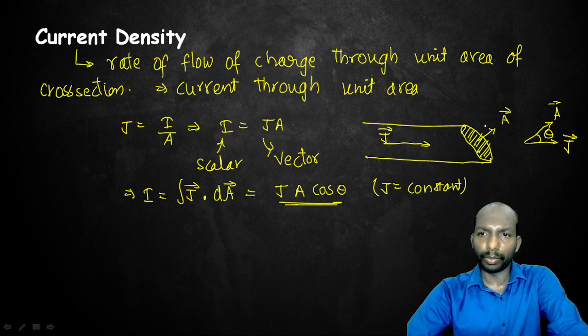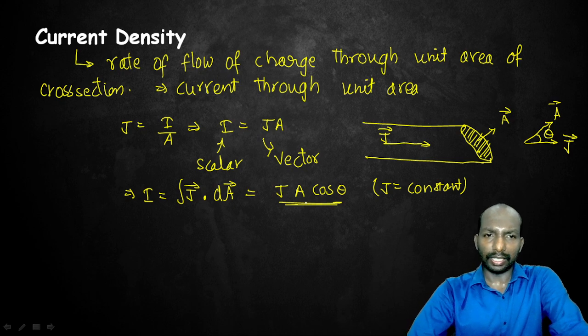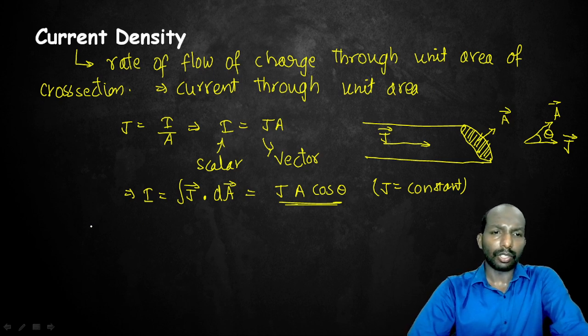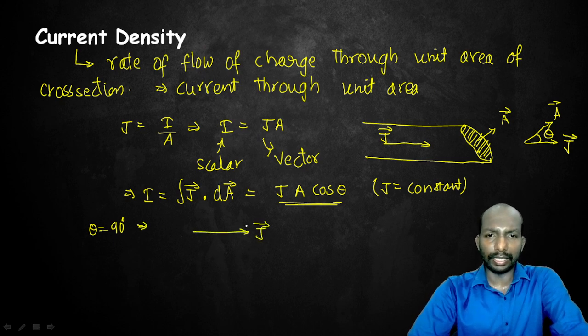Now I want to find how much charge is crossing this unit area, or how much current is passing through this area of cross section. That is given by I equals J cos theta. Suppose theta equals 90 degrees. That means suppose current density is like this.